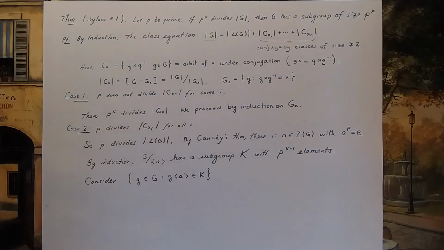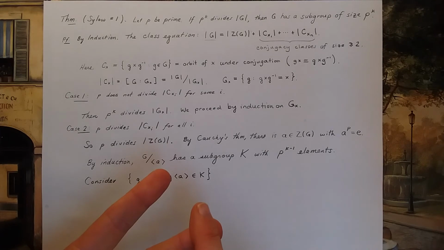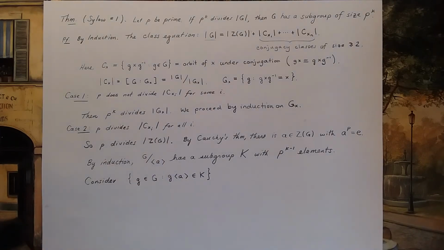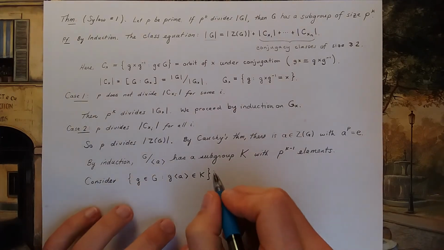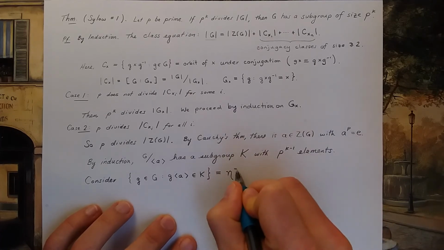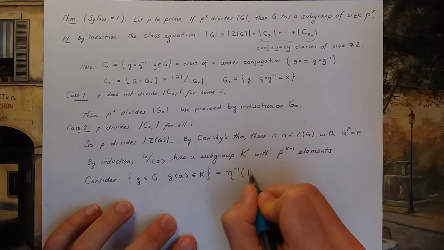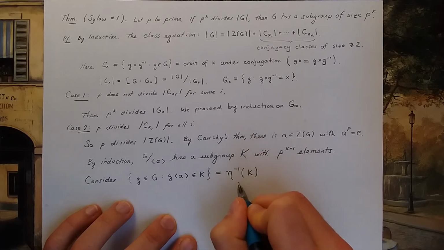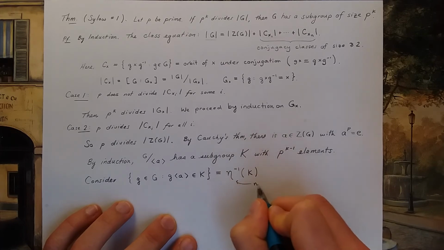Normally, if you want to prove something's a subgroup, you'd have to show that it's closed, it contains the identity, and it has inverses. And you could do that, but I will instead remark that this is really the inverse image of K under the natural homomorphism.